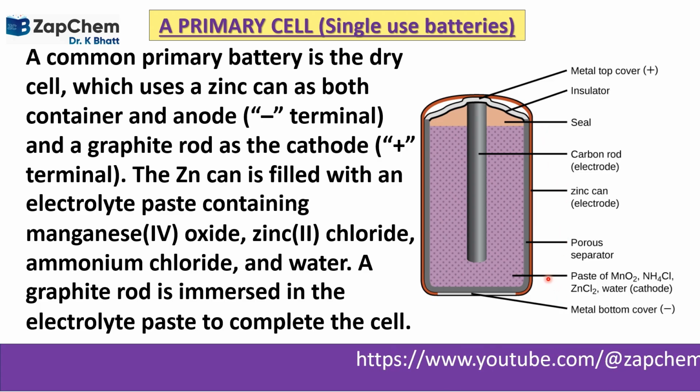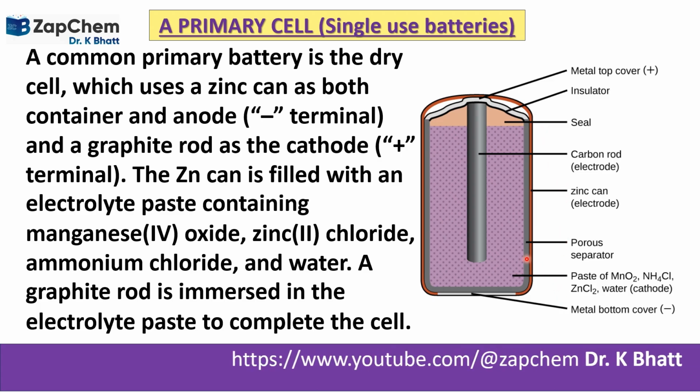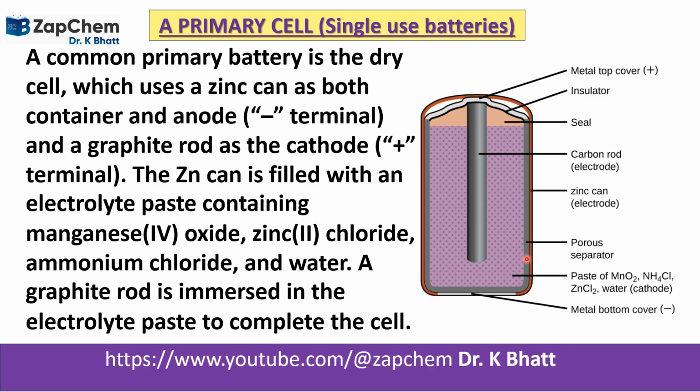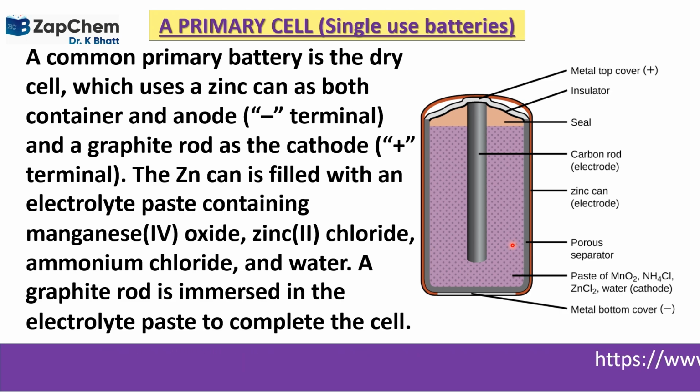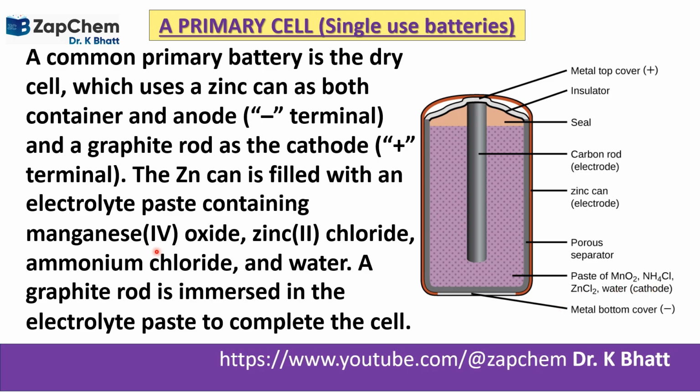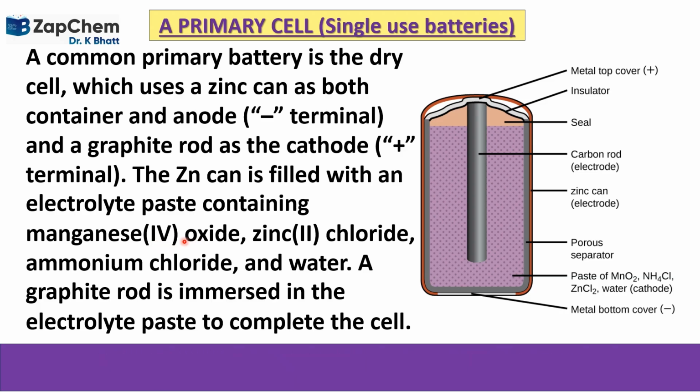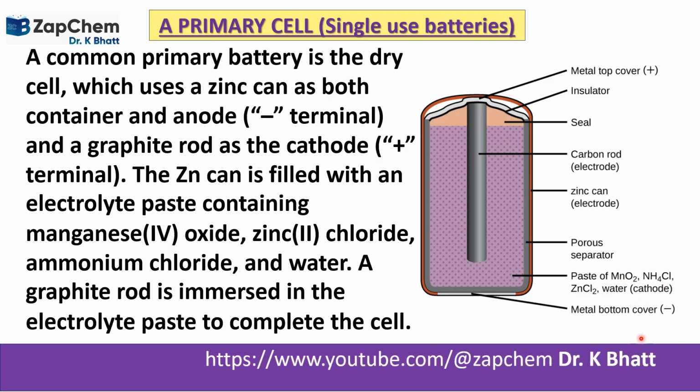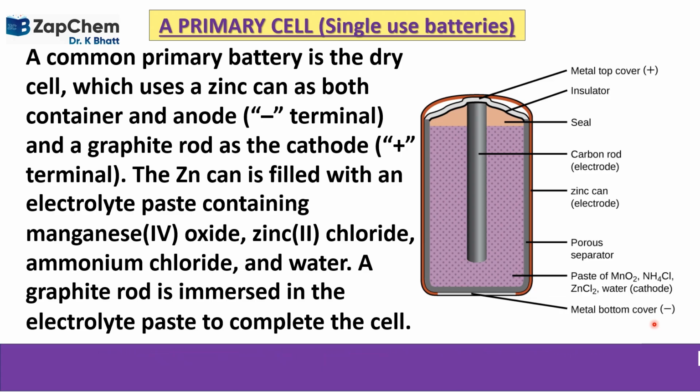Then a porous separator is there so that there is a separation between the electrolyte and the zinc. Here, paste is MnO2, that is manganese dioxide, oxidation number of 4. The oxidation number of manganese here is 4. Ammonium chloride and zinc chloride, and the bottom cover serves as a negative electrode.